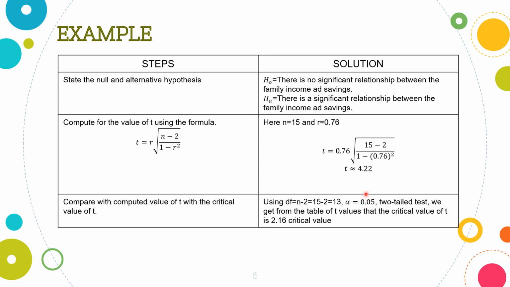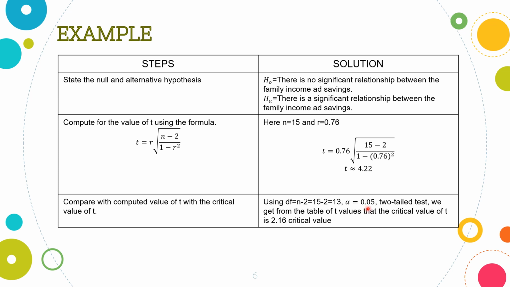Now step 3 is we compare the computed value of t with the critical value of t. Using the degree of freedom n minus 2, so df is equal to 15 minus 2, that will give us 13, with the level of significance 0.05.